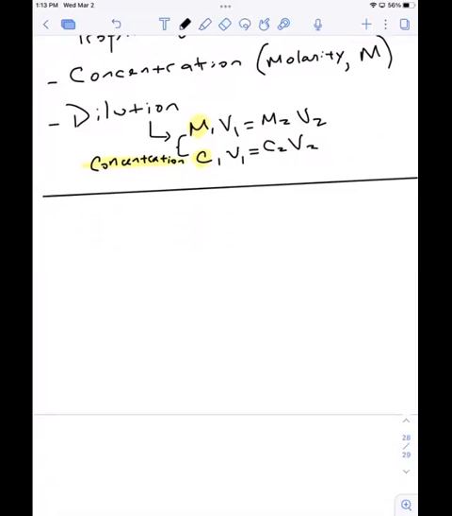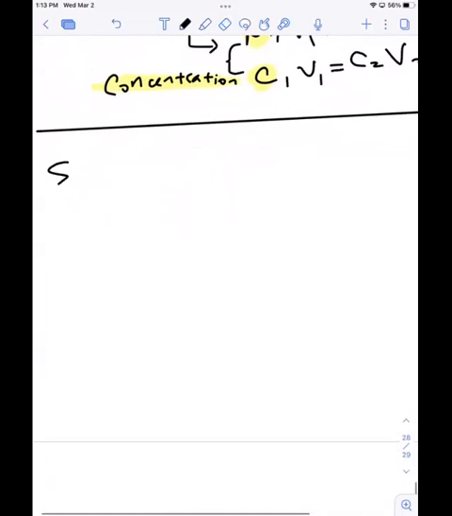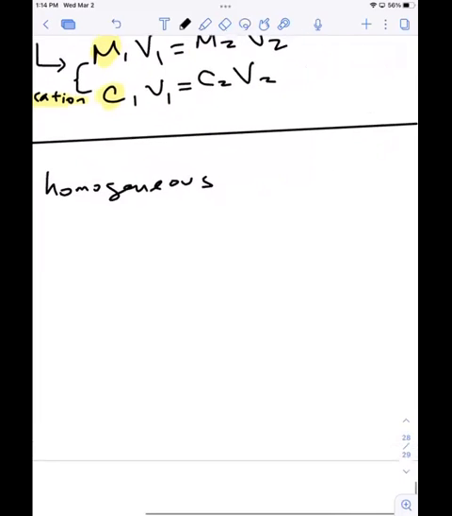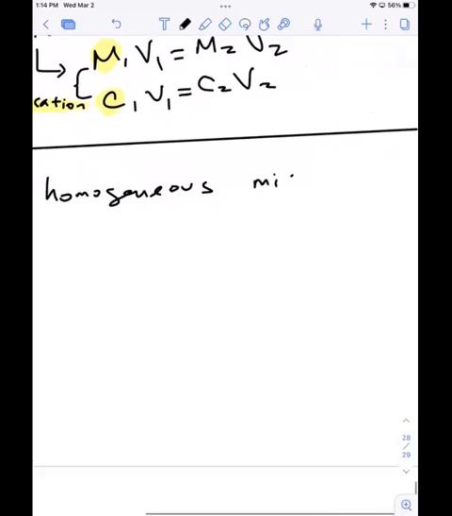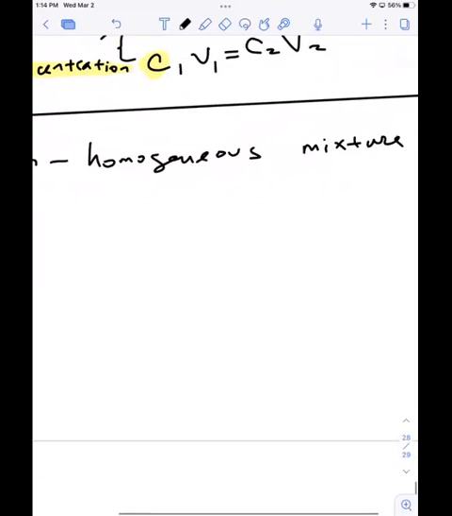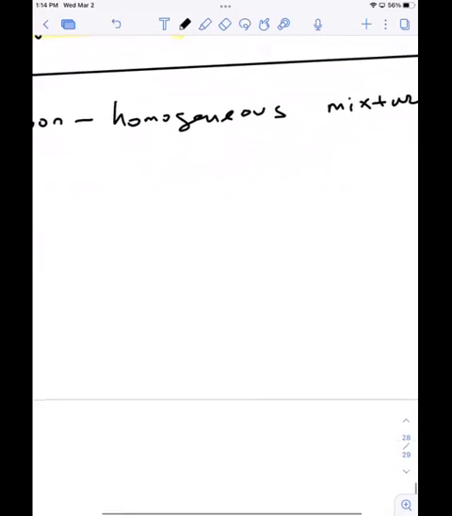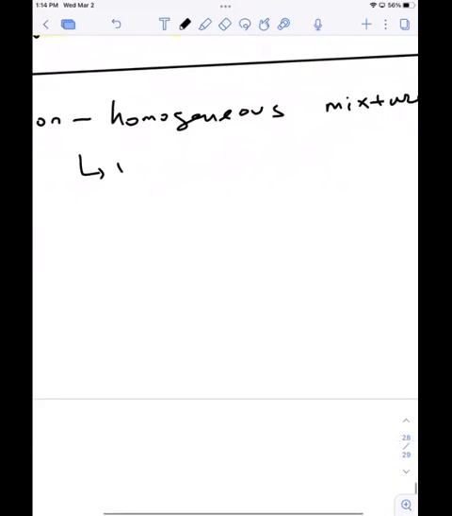A solution is a homogeneous mixture, and if it's homogeneous, that means it's uniform all the way through.